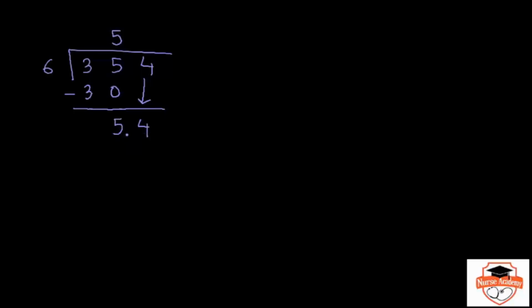So the question to be asked is, 6 times what is 54? Or what's 54 divided by 6? And the answer is 9. Therefore, you write a 9 next to the 5 on the top, above this 4. And because 6 times 9 is 54, when you subtract, you don't have anything left over. There's no other digit to bring down. So we have come to the end of the problem.